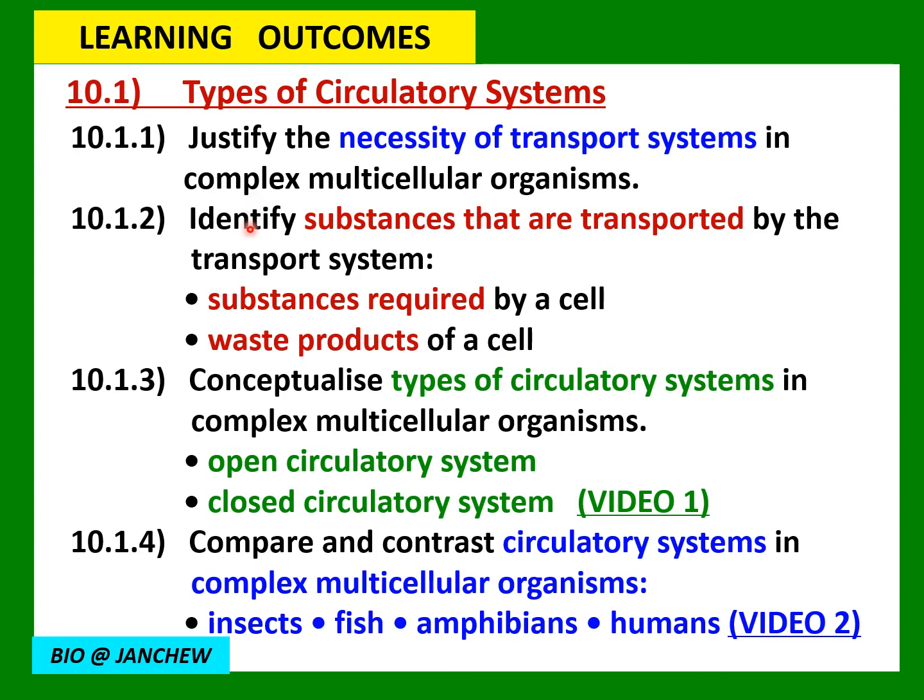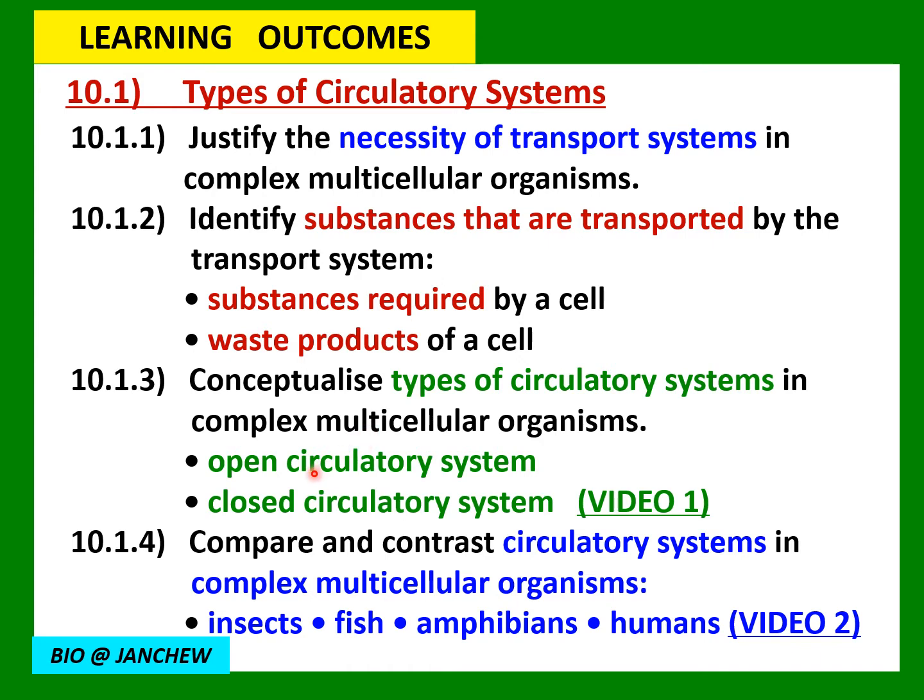Secondly, we have to be able to identify substances that are transported by the transport system. And these are substances required by a cell, as well as the waste products of a cell. Thirdly, we should be able to conceptualize types of circulatory systems in complex multicellular organisms.